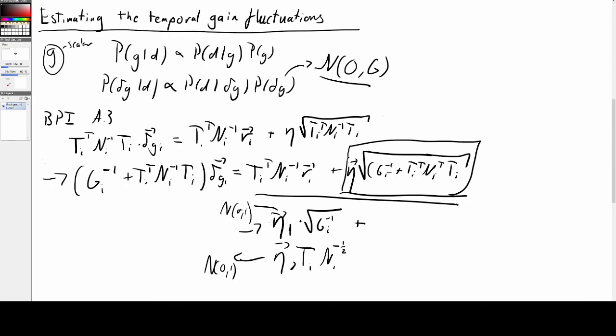So if we set our delta G to be equal to this plus these two terms, you will end up with a sample which has exactly the same variance as if we use this term instead.